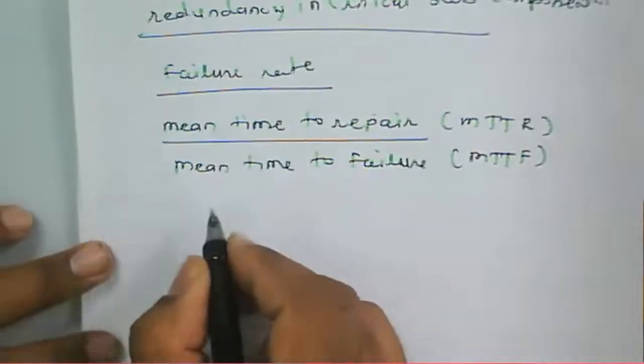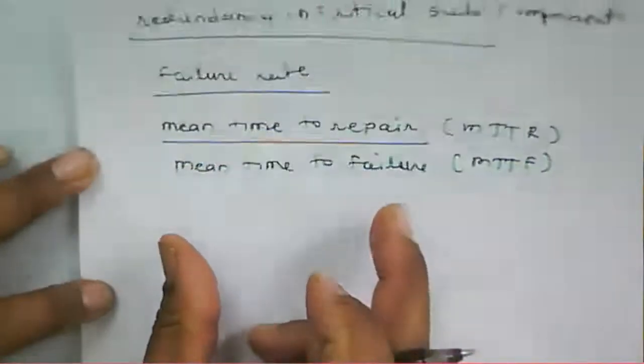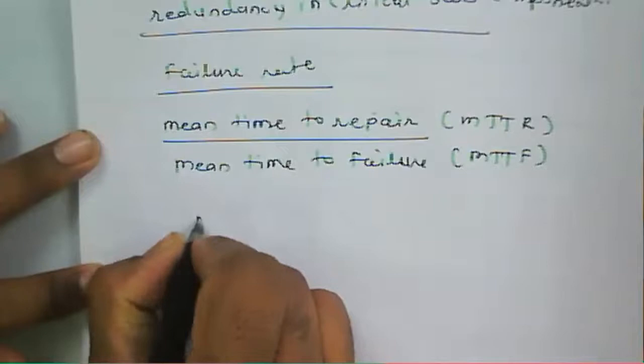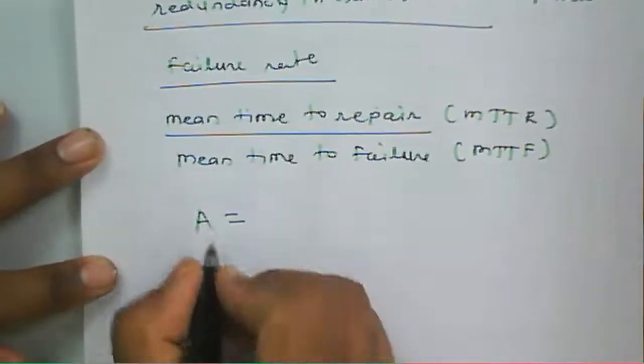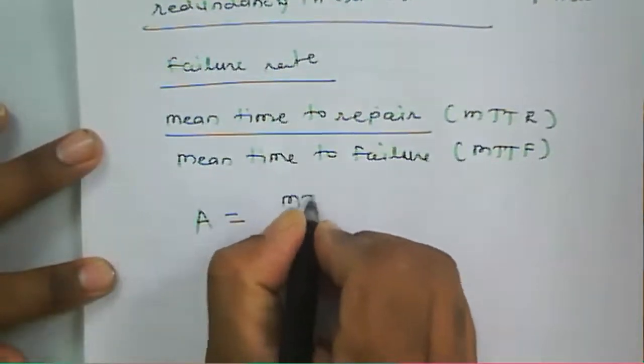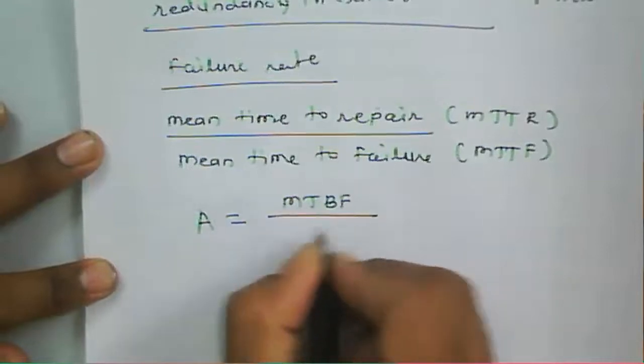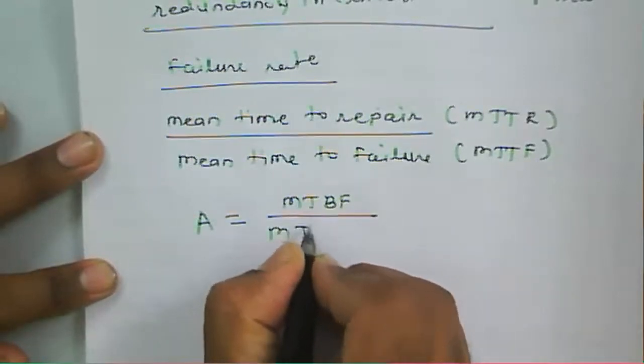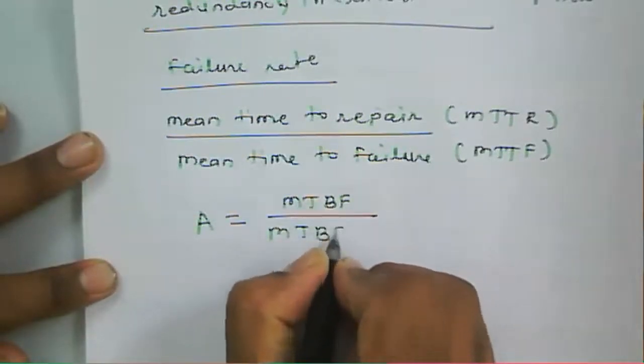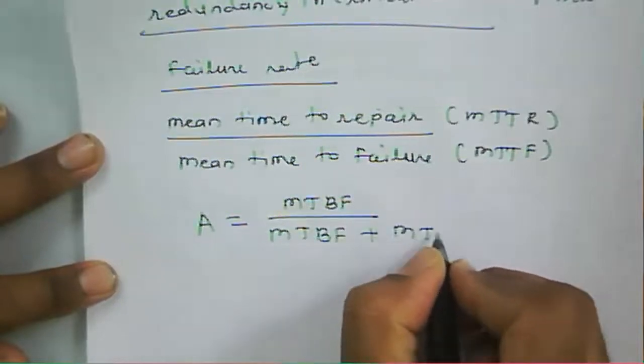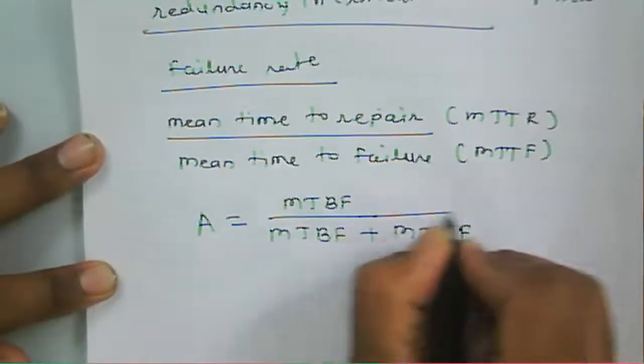The availability of a system depends upon the mean time between failure and mean time between failure plus mean time to repair.